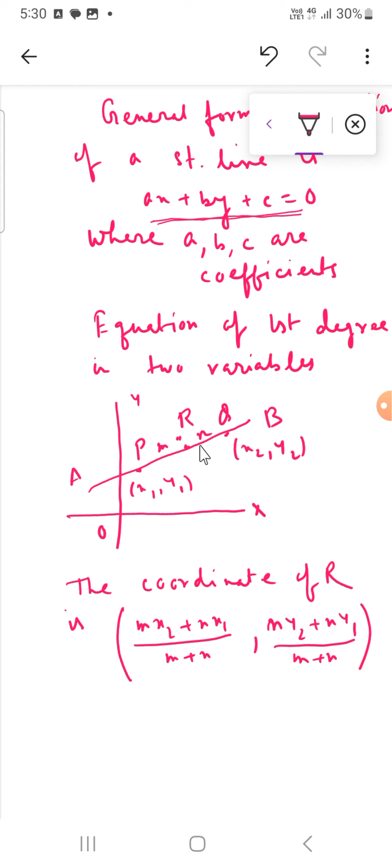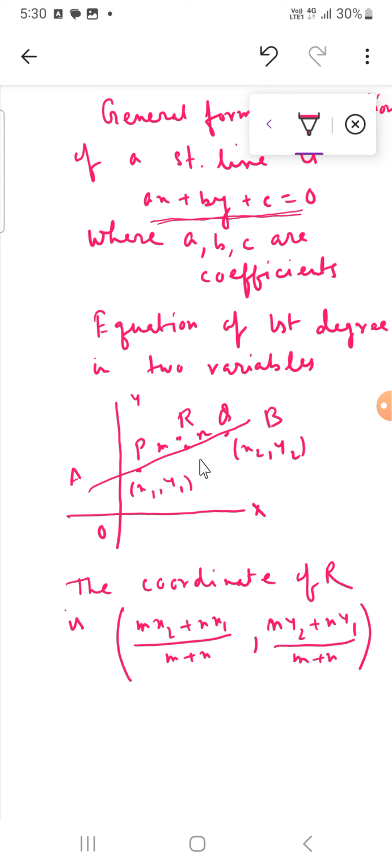PQ is a line segment which is divided by the point R in the ratio m to n.